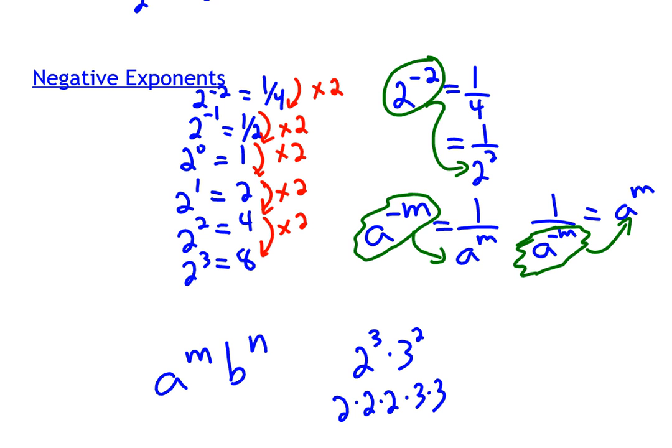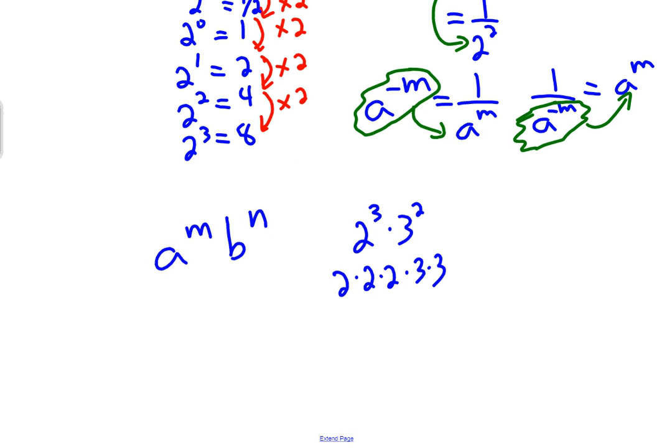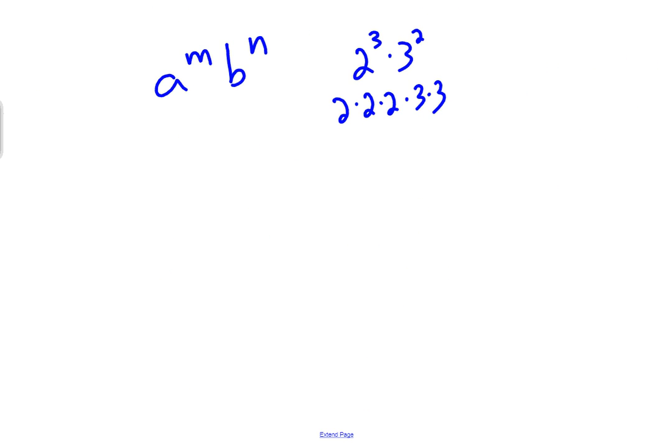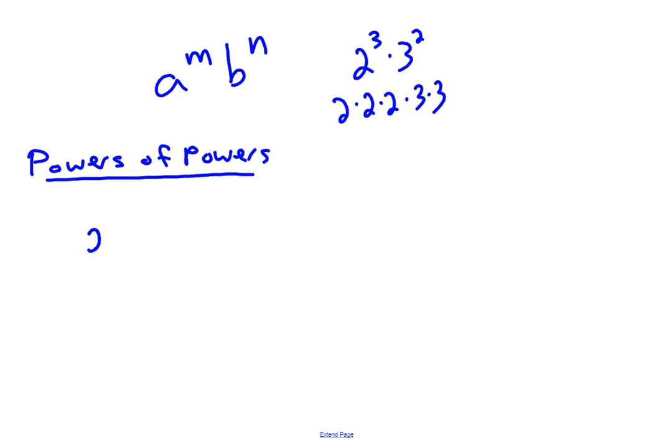One extra one I just recalled that we didn't mention was powers of powers, so we should probably talk about that. So powers of powers involves things like, let's say, 2 cubed squared.